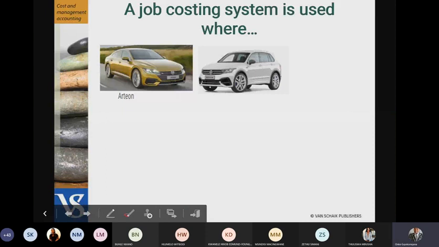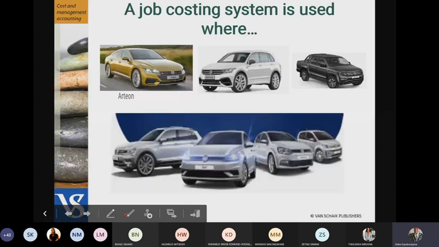So this is where you'll see job costing being used. Look at the number of cars they are producing in that company. They have got different sets of cars. You've got your Arteon, you've got your Amarok, you can name them, all the VW class standard that they have.